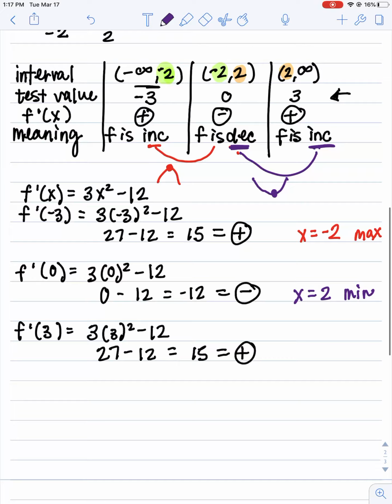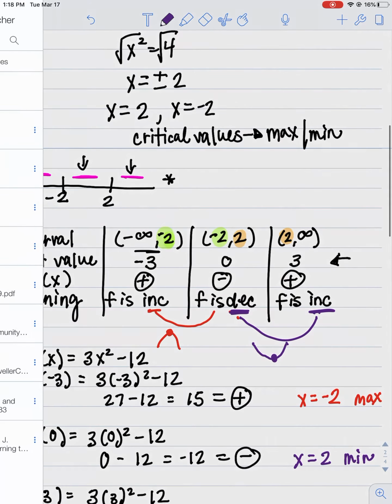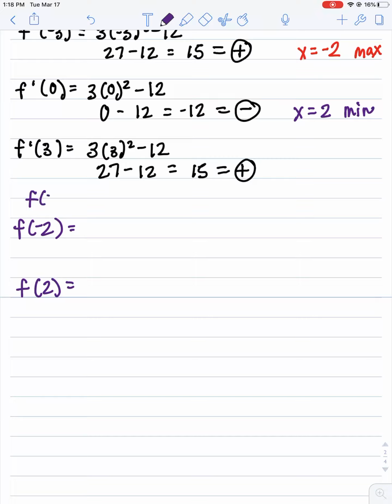And like I made a big deal earlier, minimums and maximums are not x values. Minimums and maximums are ordered pairs, so we need to find a corresponding y. So if I go back and plug in f of negative 2 and f of positive 2, I can find my y values. The original function was x cubed minus 12x.